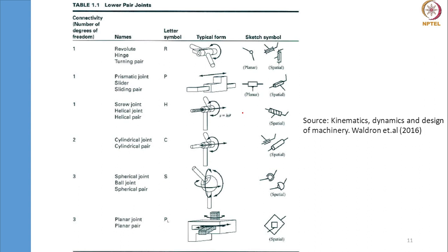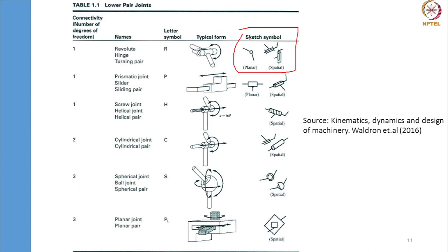So I'll give you a few examples from the textbooks where they define lower and higher pairs. We are going to deal predominantly with these lower pair joints. So a revolute joint or a hinge joint or a turning pair joint. These are all denoted with this symbol. We should be well versed with the sketch symbols also, because we are going to draw kinematic diagrams in later stages.